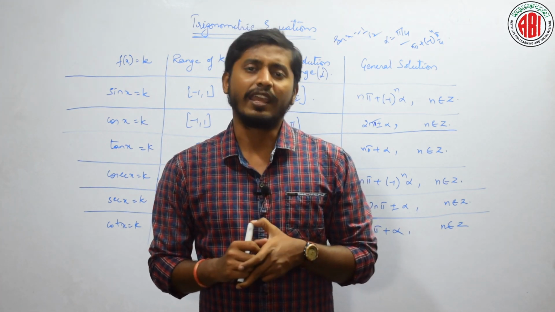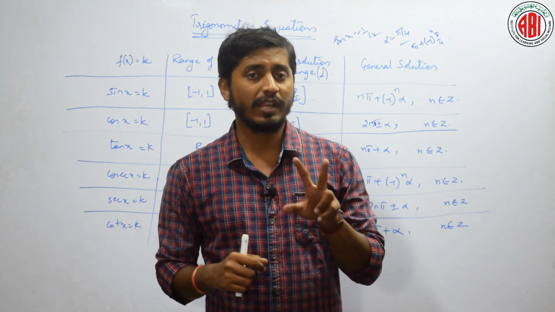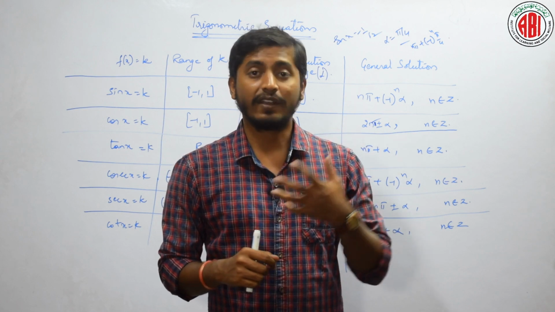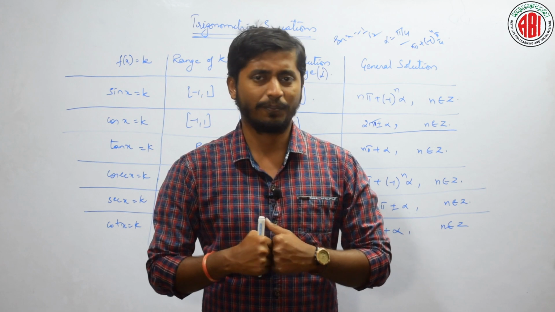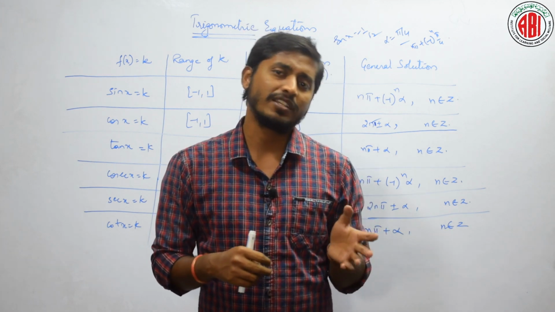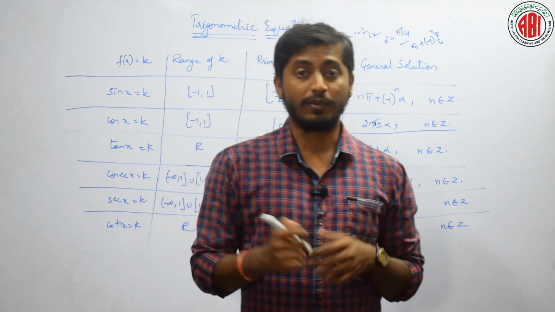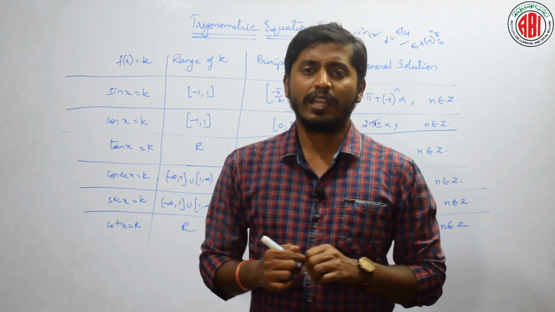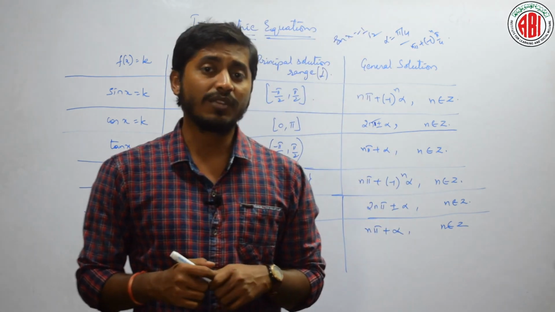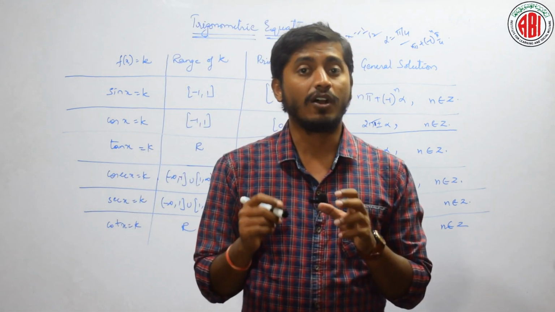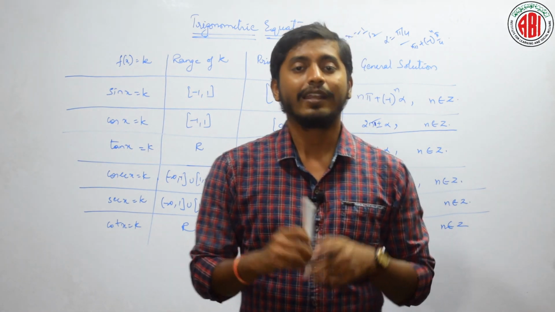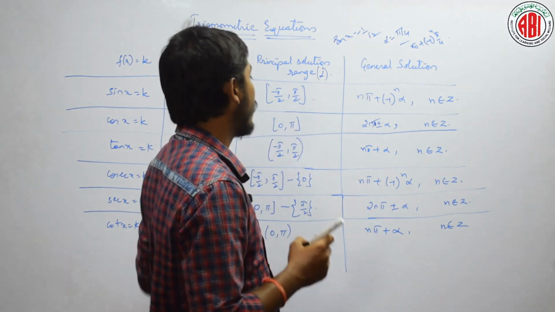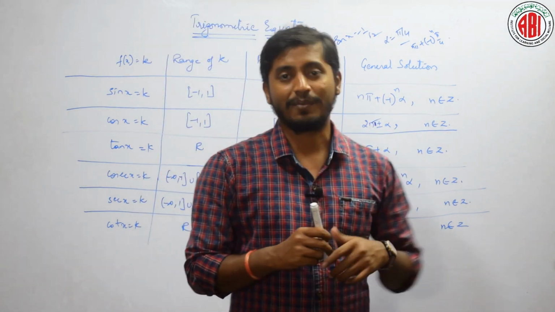If it is a pair of linear equations in two variables, we used to solve by different methods, like cross multiplication. If it is a quadratic equation, we use different formulas. Then how do we solve an equation with the variables of trigonometric ratios? That is what we are going to learn in this chapter.